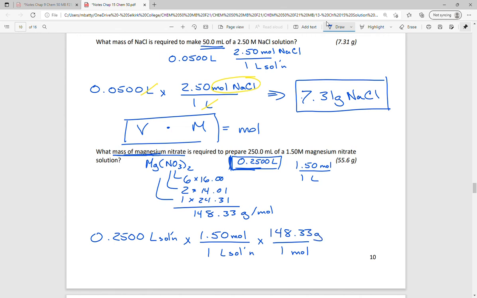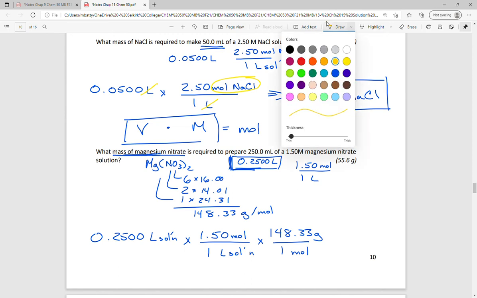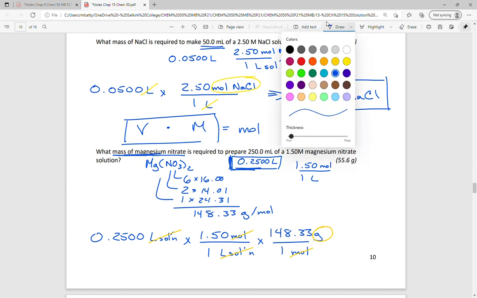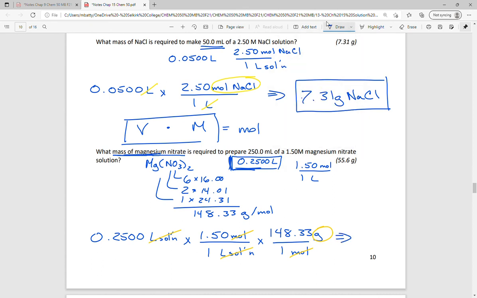You can do this as 2 separate steps, but dimensional analysis is so powerful. If I take a look at where I've gone with this, the liters of solution went away, the moles of magnesium nitrate went away. I now have this in grams of magnesium nitrate. If I multiply what's on the top and divide by what's on the bottom, it's actually all multiplying, I end up with 55.6 grams of that magnesium nitrate.